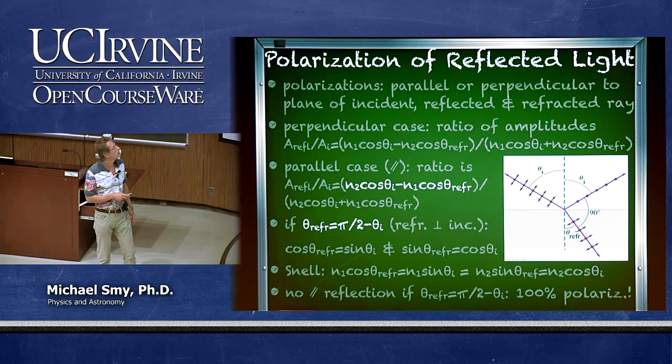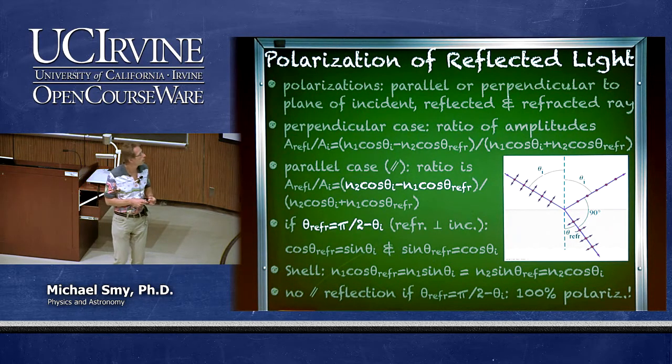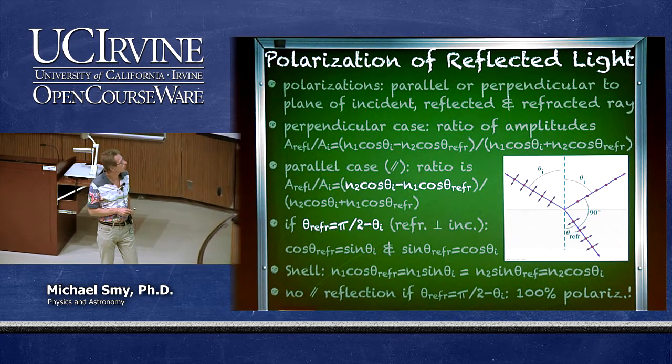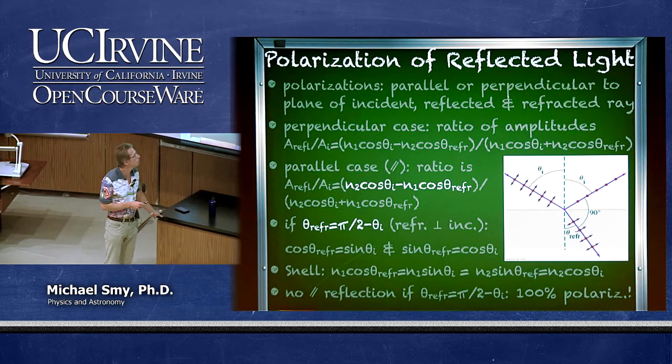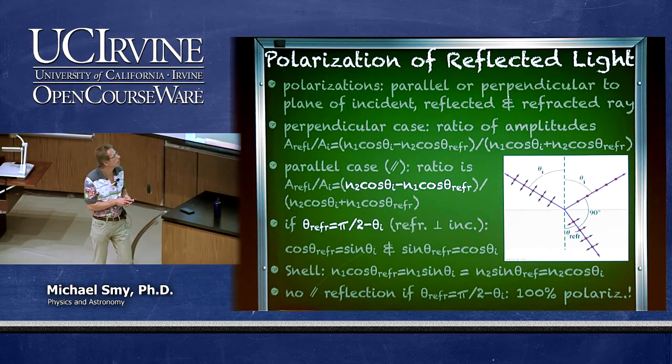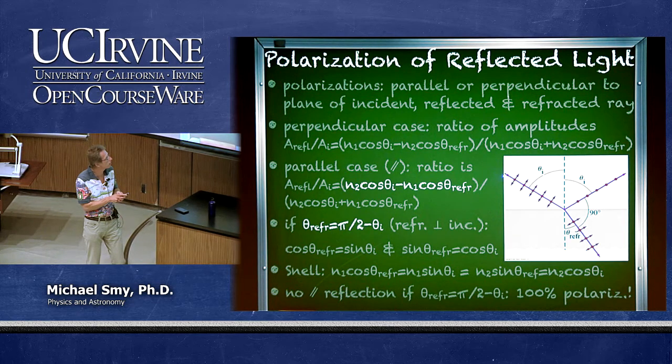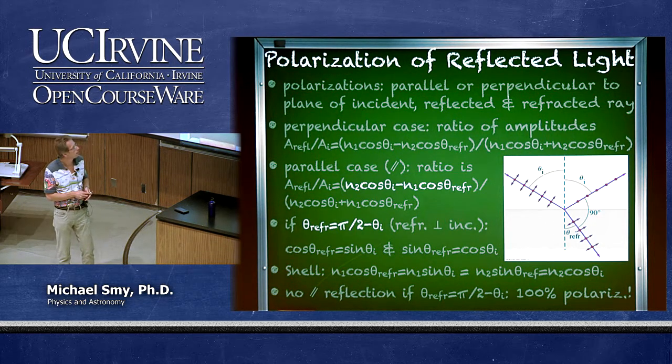And we can distinguish two polarizations. The first polarization is perpendicular, and the second polarization is parallel to the so-called plane of incidence. And plane of incidence is the plane that contains the incident ray, the reflected ray, and the refracted ray.